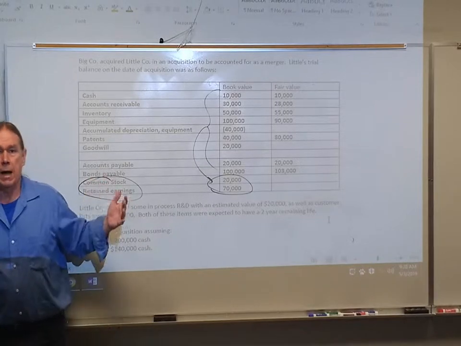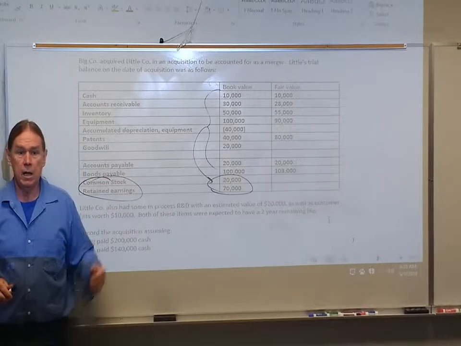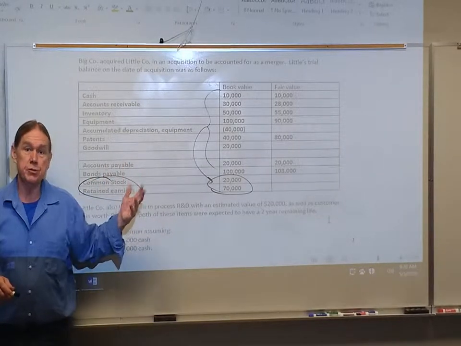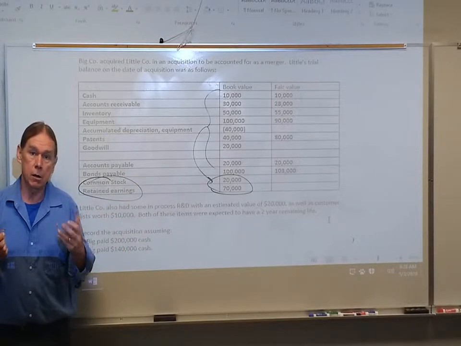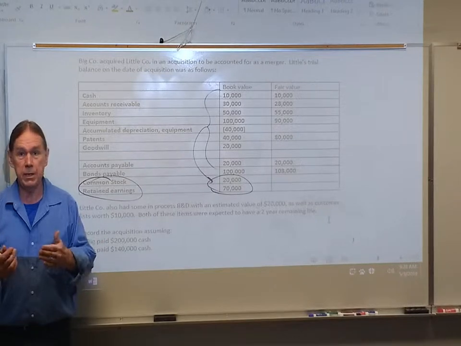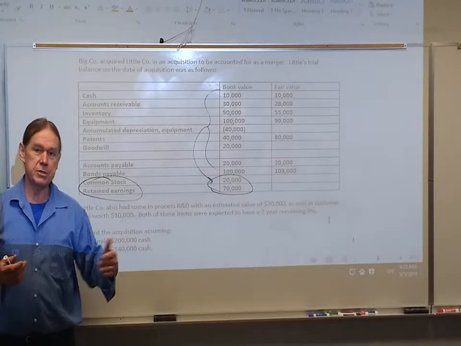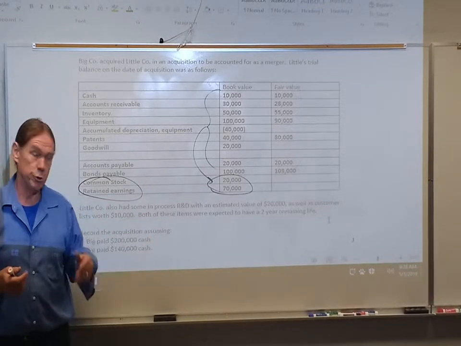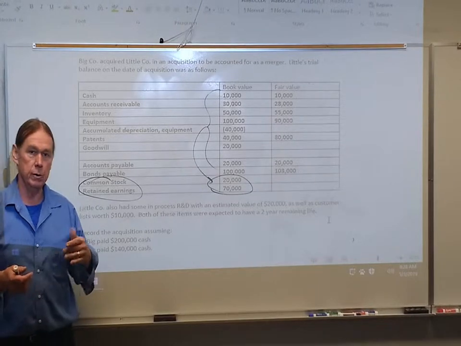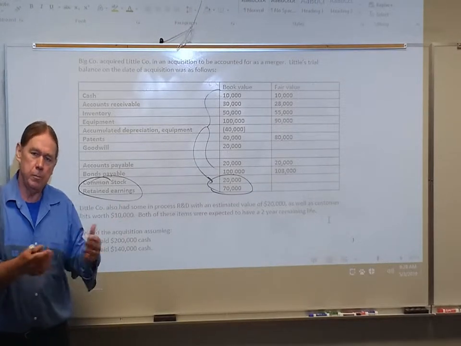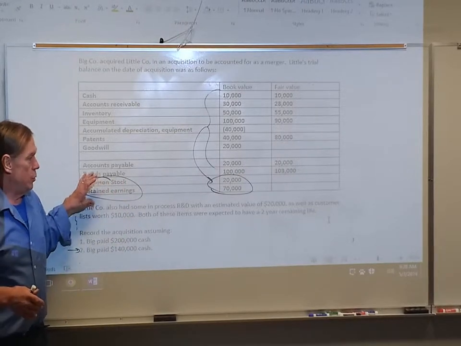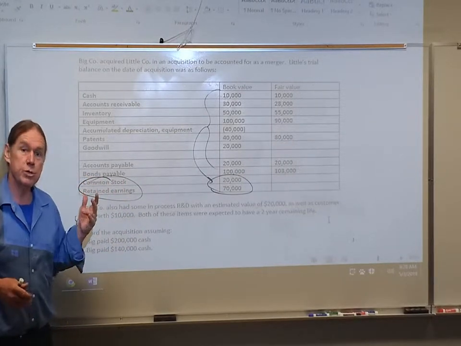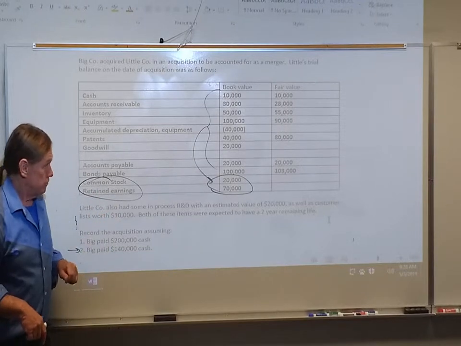When we buy little company, the previous ownership interest is extinguished. The only equity holders are the owners of big company. Big company has its own common stock, additional paid capital, retained earnings, or if it's a sole proprietorship, its own big capital account. But basically it has its own equity accounts. These equity accounts represent the ownership interest of the previous owners, which has been extinguished. Okay, that's enough of that.